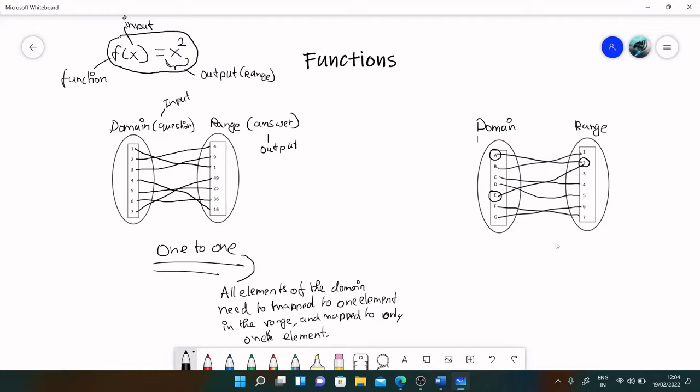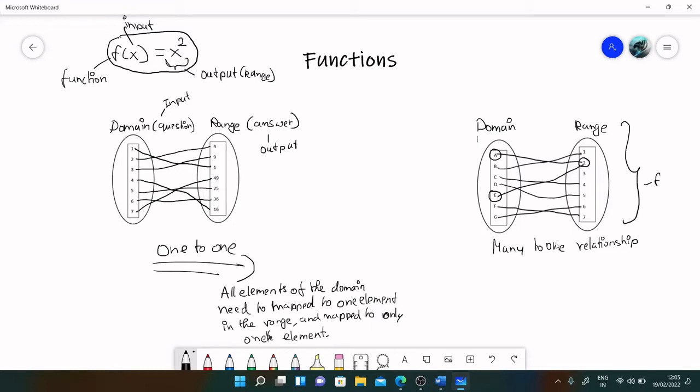In the previous example, one element in the domain is only mapped to one element in the range, and there is no repetition. All elements are mapped to different elements. But over here, two elements are mapped to one element in the range. This is called a many-to-one relationship.